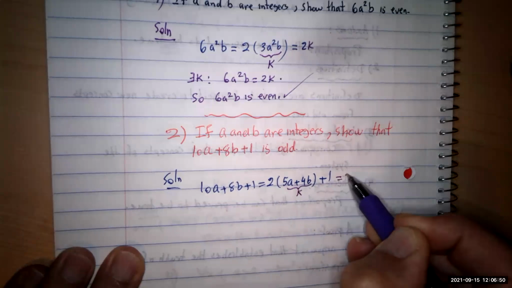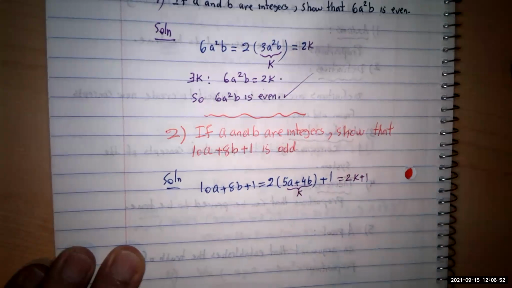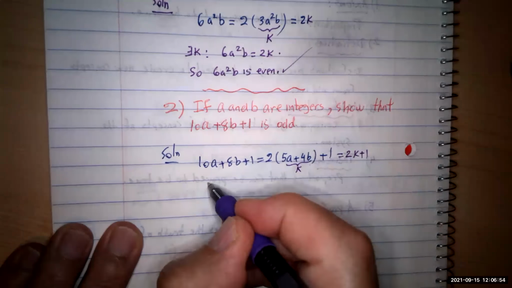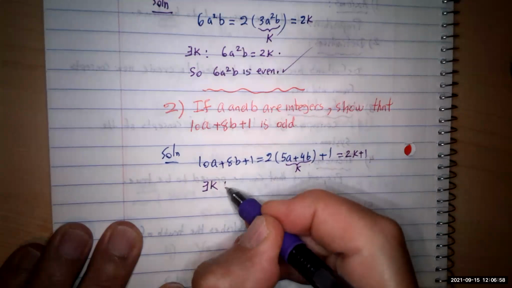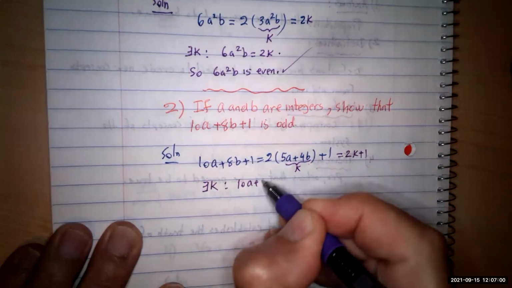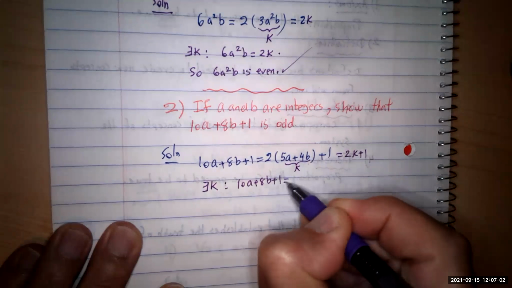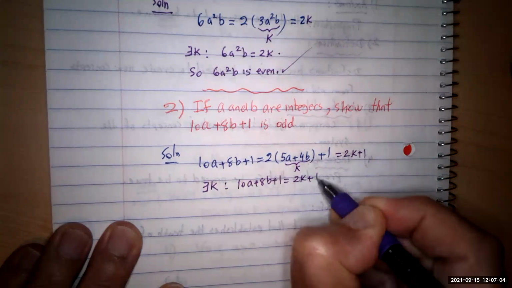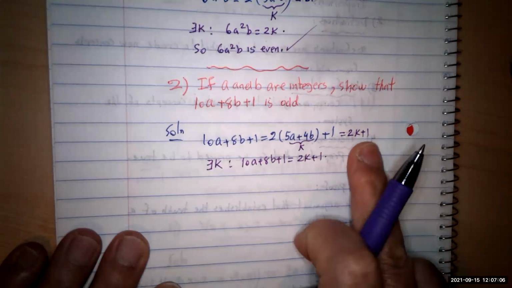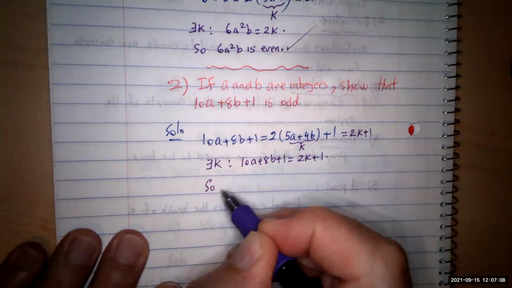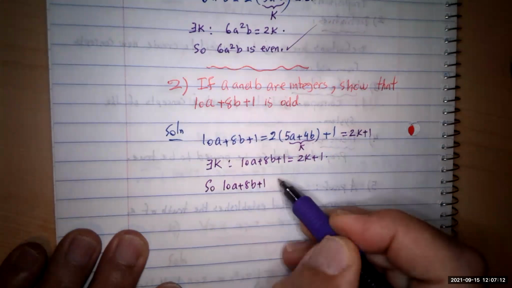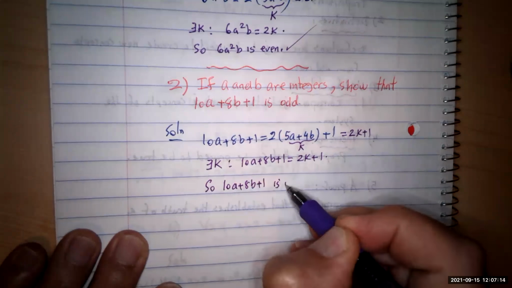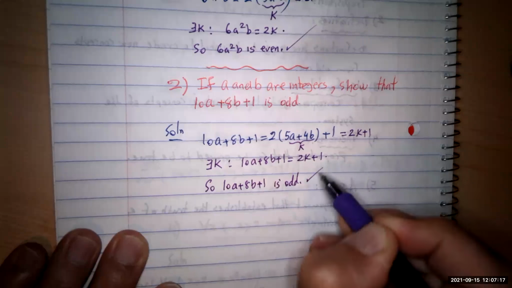That gives us 2k plus 1. So you can then say, I did it. There is a k such that 10a plus 8b plus 1 is 2k plus 1. Just explaining this would be fine, and then you're done.